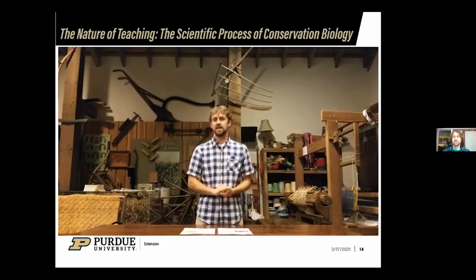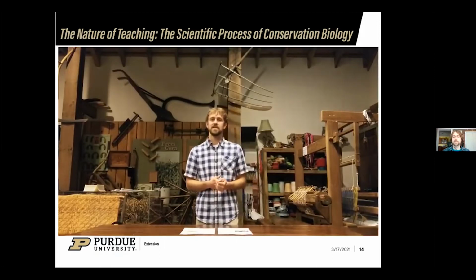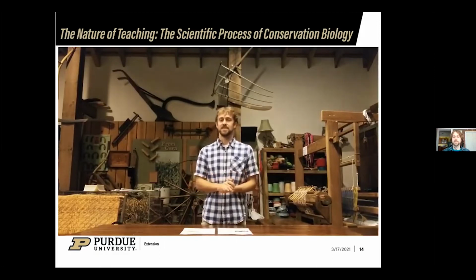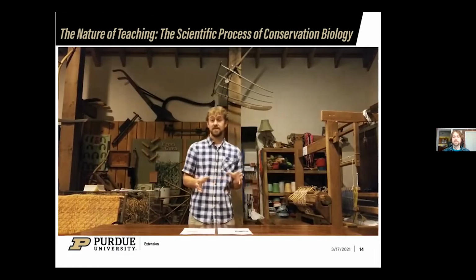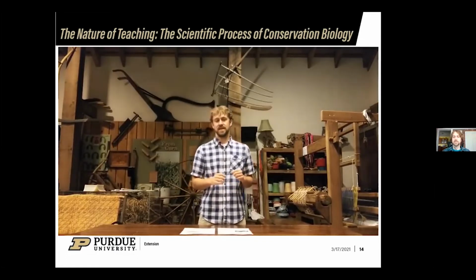And then after they finish that, you can wrap everything up by teaching them a little bit about how the science of conservation planning works, and how conservation biologists, when they're making a conservation plan, will take these big ideas like habitat destruction or human persecution, and really focus on those big topics.